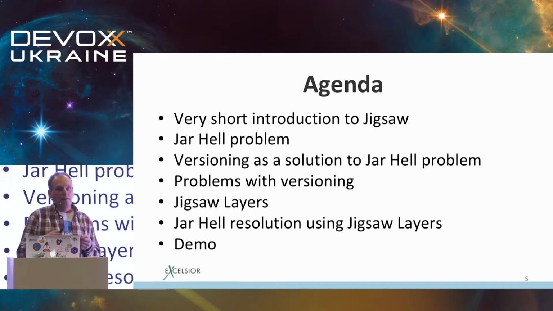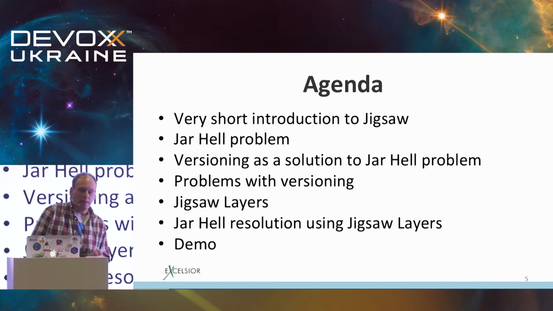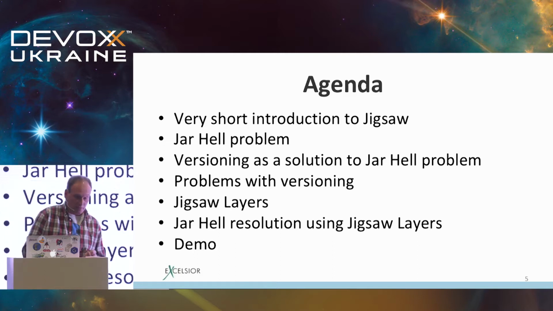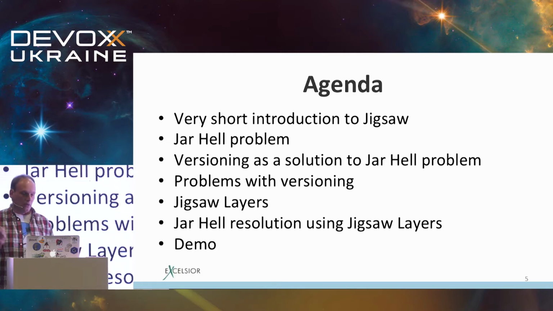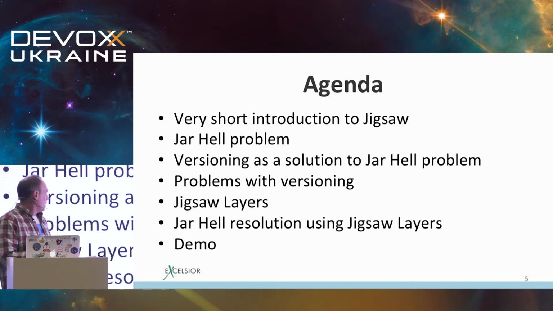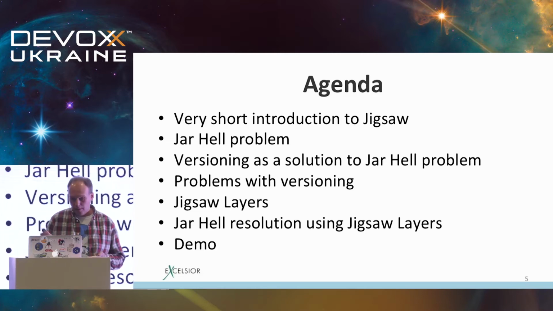You might think that you have already seen this talk, but don't be afraid. I will talk about Jigsaw Layers as well, and how they help solve the jar hell problem. In the end, there will be a live demo and some bonus track. So let's start.